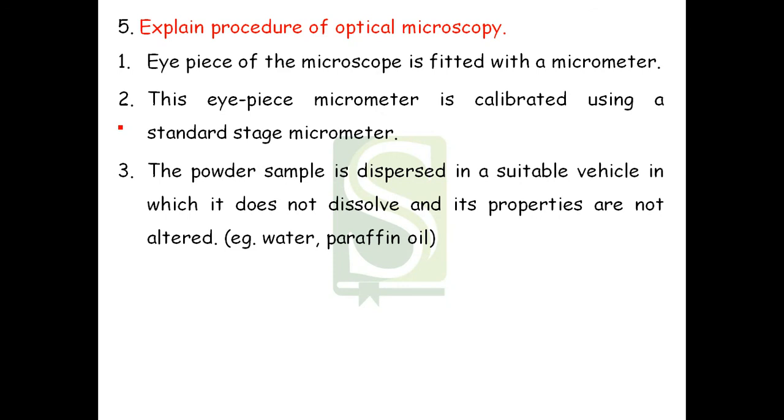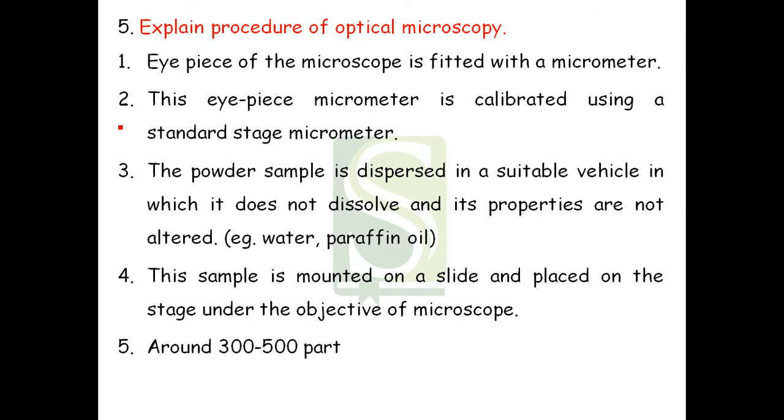Then the eyepiece micrometer is calibrated using a standard stage micrometer. The powder sample is dispersed in a suitable vehicle, or you can directly use a suspension or an emulsion. But you have to keep in mind that you are determining the particle size, so the particle should not get dissolved into that solvent, and its property should not get altered.